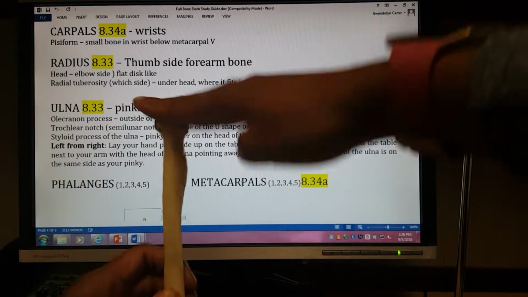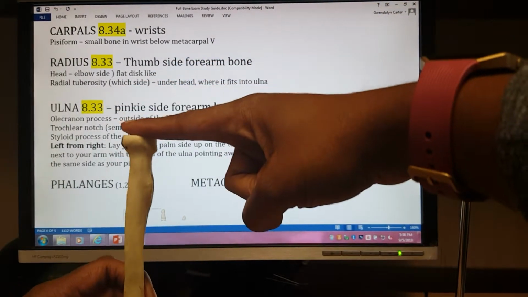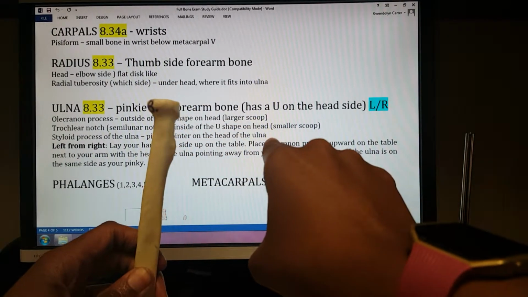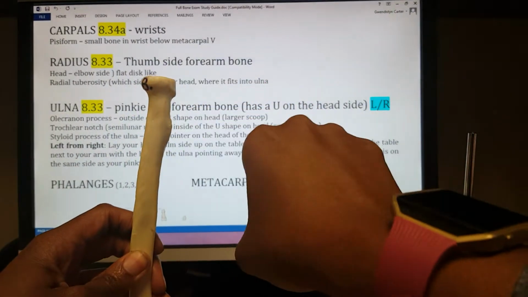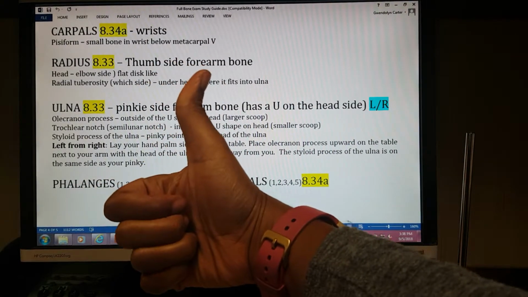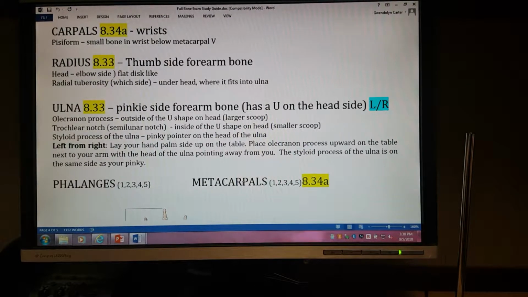We have this flat side of the head on top, like a disc. Then you have the radial tuberosity, this rough surface that points out on this side of the radius. Remember that your radius is on your thumb side; something is rad or cool, something you like. So those are your features for your radius. Not much you need to know for that one.